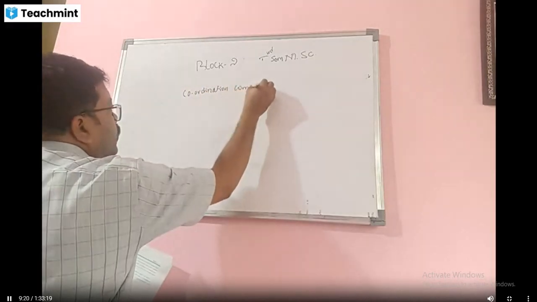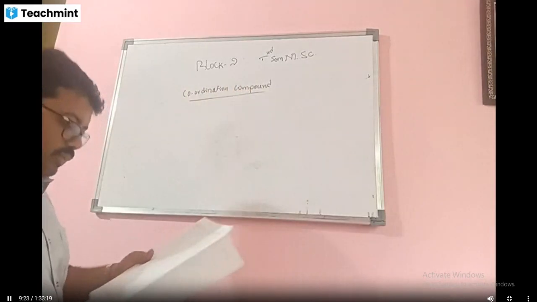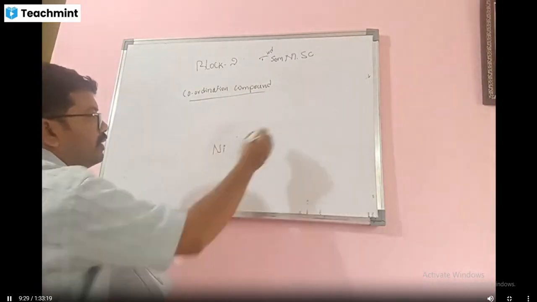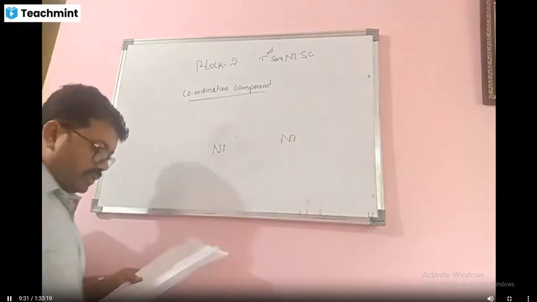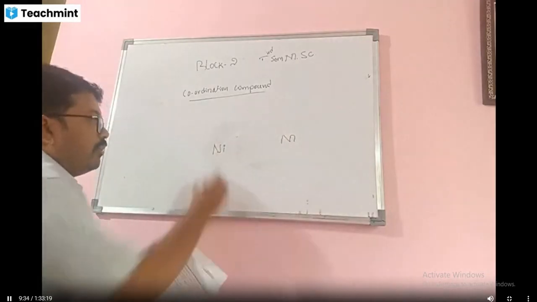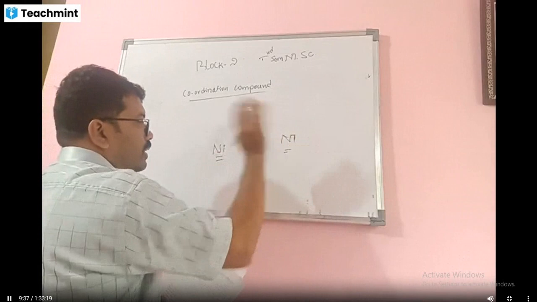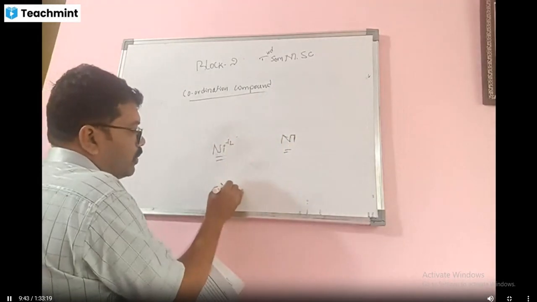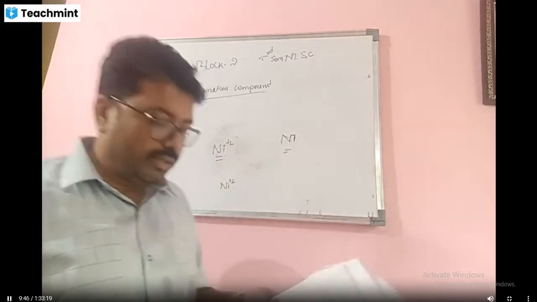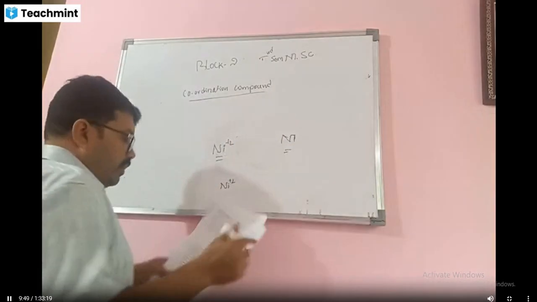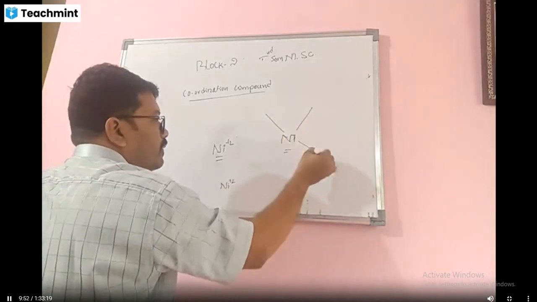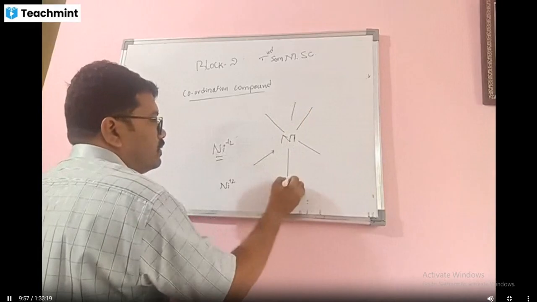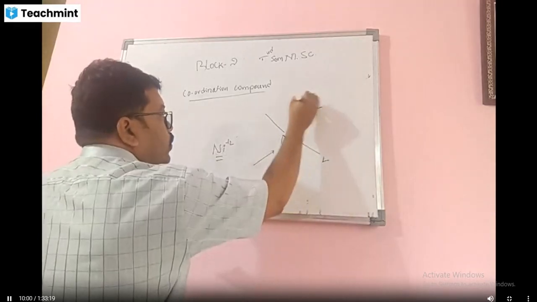What is a coordination compound? Coordination compounds are those containing a single metal atom, in general M, or ion, like nickel 2 plus, surrounded by monodentate ligands.